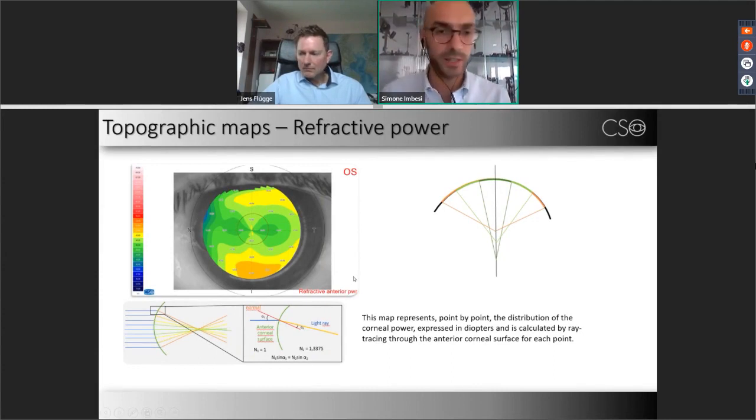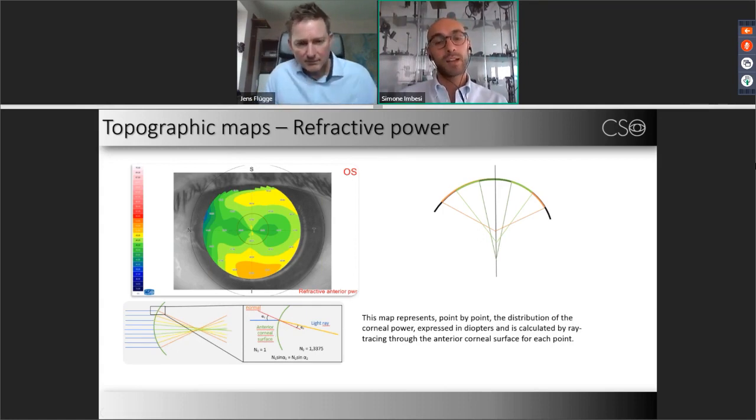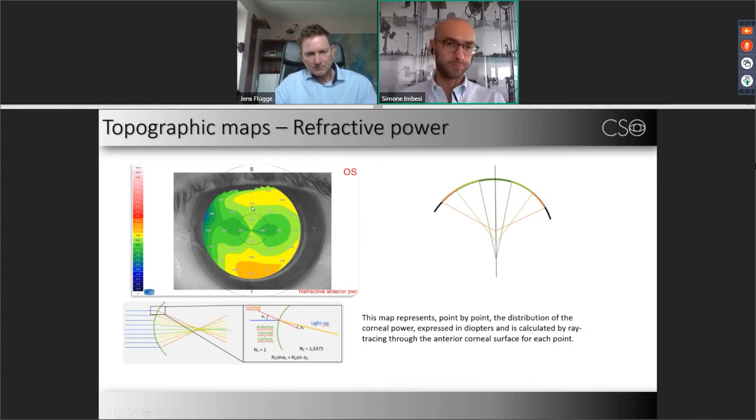Another important data that we can obtain thanks to the knowledge of the normals to the cornea is, of course, the refractive power. As I said, thanks to the knowledge of the normal to the cornea, we can apply point by point a ray tracing algorithm based on Snell's law, and so we are able to understand even the power of the cornea point by point.